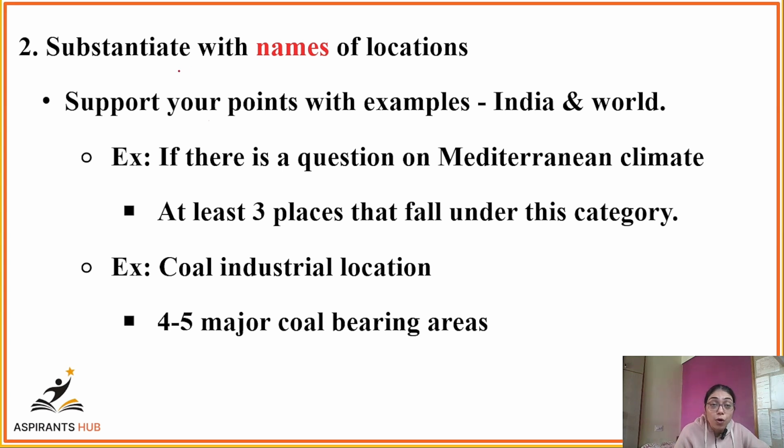And always substantiate with names of locations with respect to both India as well as the world. For example, if there is a question on Mediterranean climate, mention at least 3 places that fall under this particular category. Always make sure that in any geography topic that you study, you have good number of examples with respect to different places in India as well as across the world.